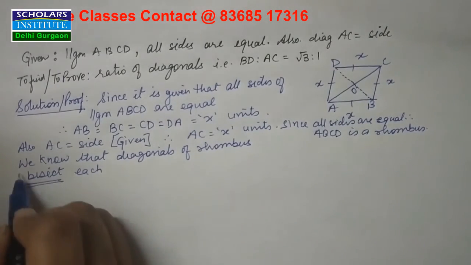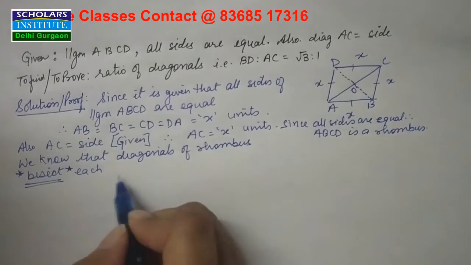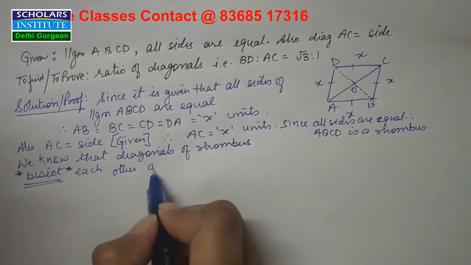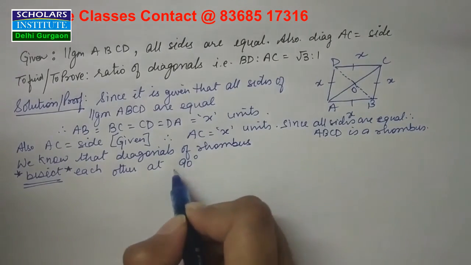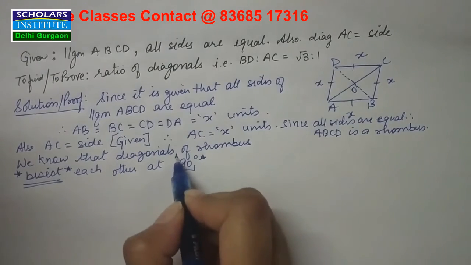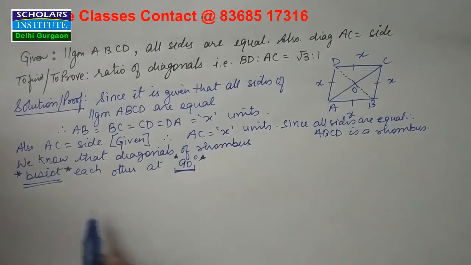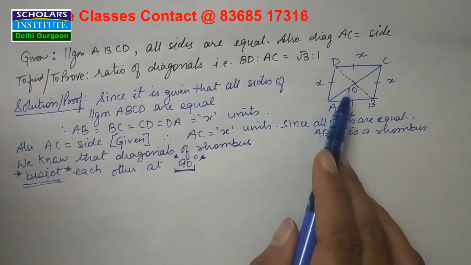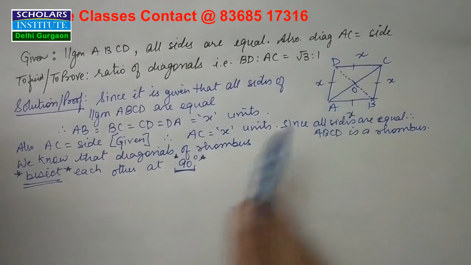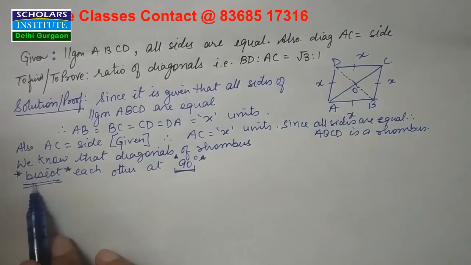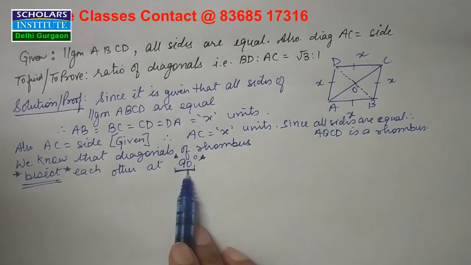This word is very important. Bisect each other at 90 degree. This is also an important word. Okay, we'll work upon it in this question. Our main focus is on these two results. They bisect and they are 90 degree.